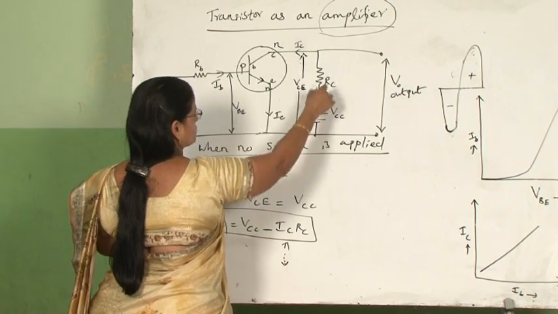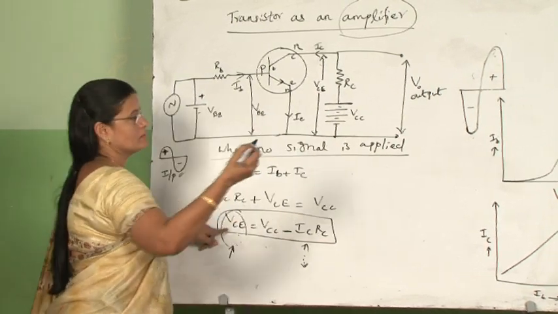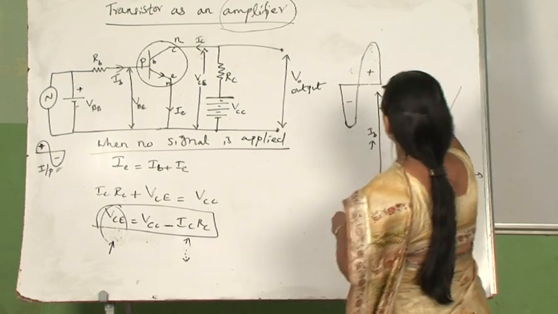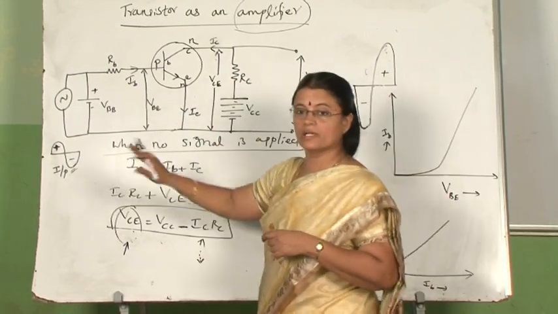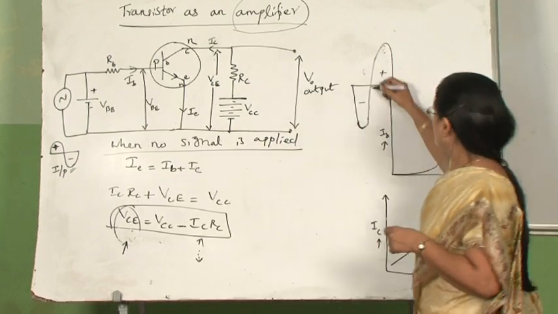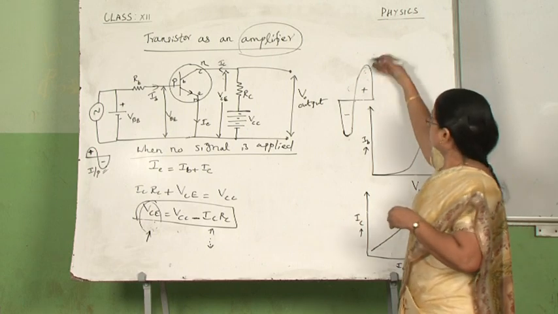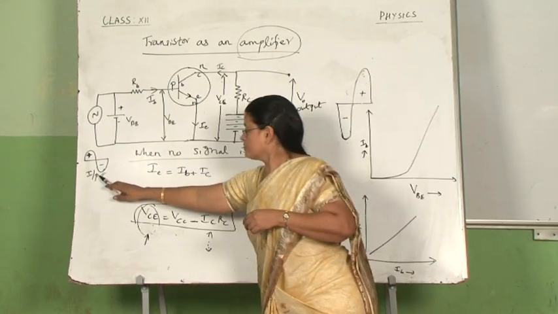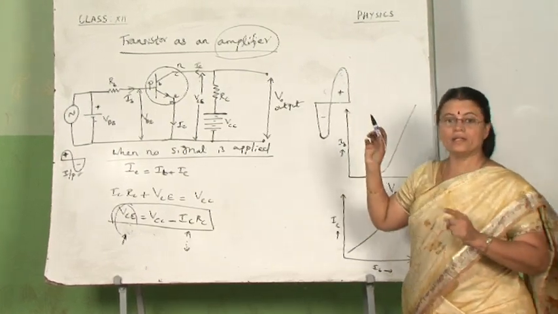Since the collector is connected to the positive terminal, VCE increasing means the collector will go more positive. So, if you see here, when the negative half cycle of the input signal is superimposed, we get the positive half cycle at the output section in the higher value. So, we say that the input voltage and the output voltage are 180 degrees out of phase.